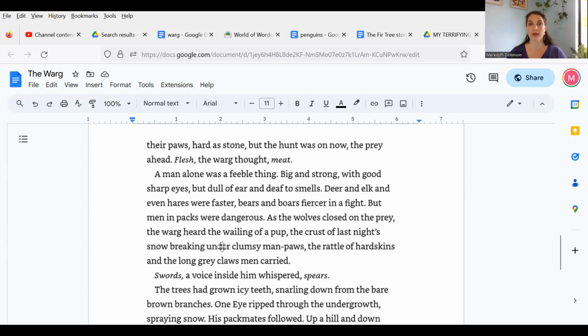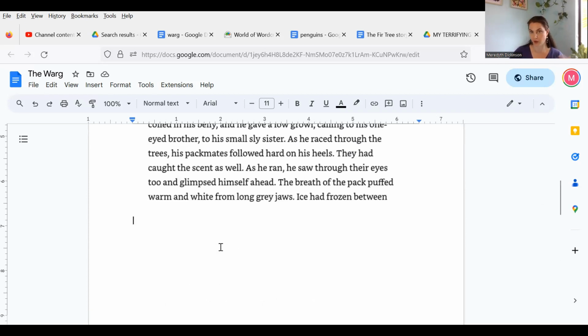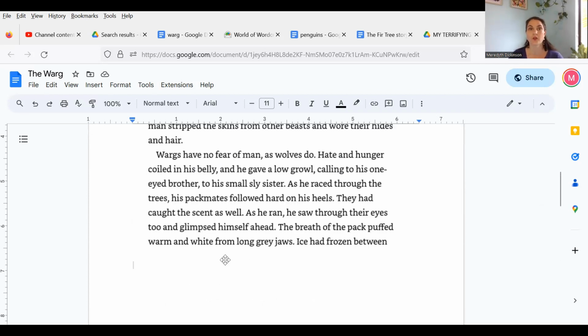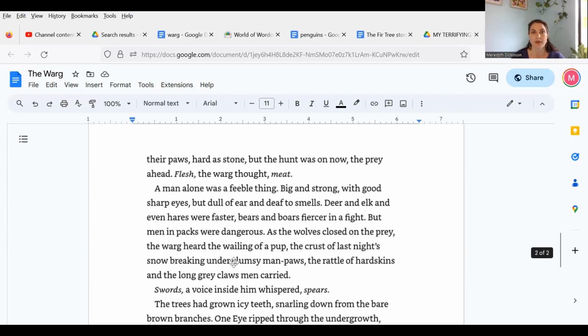So we can work our way through looking at some of these things. This is where I said, if you would like, you can print this page out from the link in the description box and use a highlighter, or else you can just have a piece of paper and write the ideas down. They're mostly on the second page.